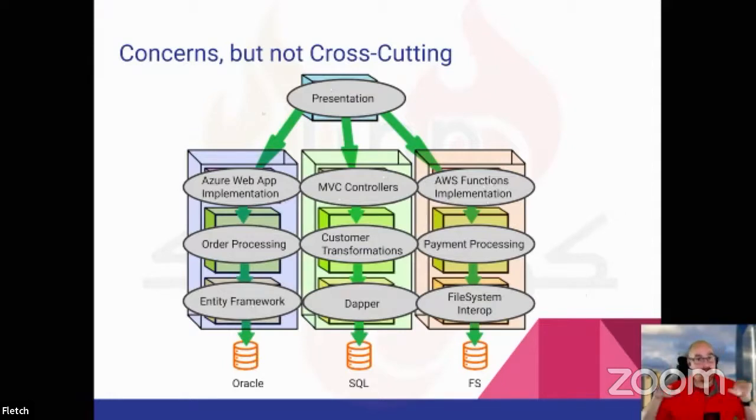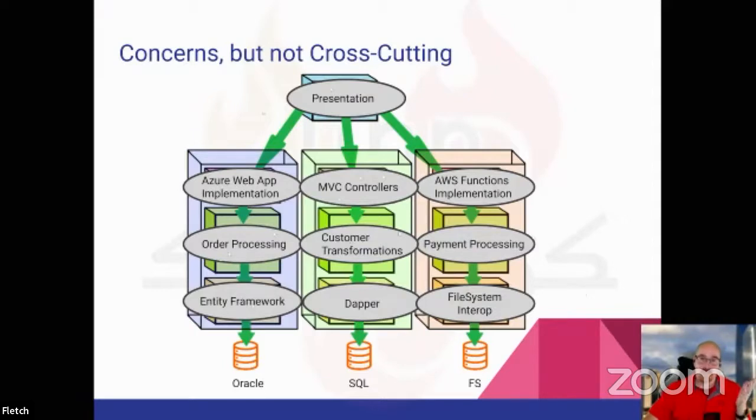It still has the same cross-cutting concerns of authentication and whatnot, and logging and caching and all that sort of stuff. But this one's implementation for its API is AWS functions. So this is to show that these things have their own implementations, but they're not cross-cutting concerns. They're individual implementations. So these middle ones, as the last example here, is processing.